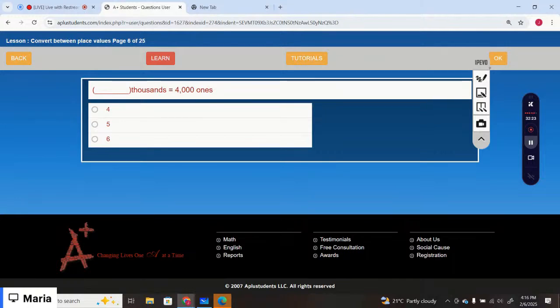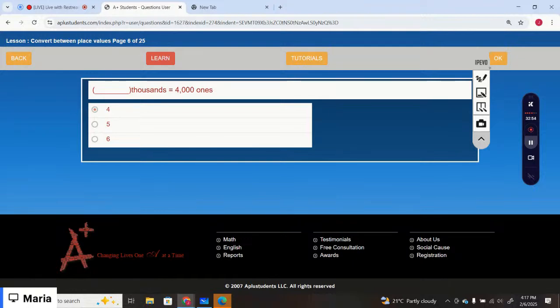4,000 ones equal how many thousands? The correct option is 4 thousands.